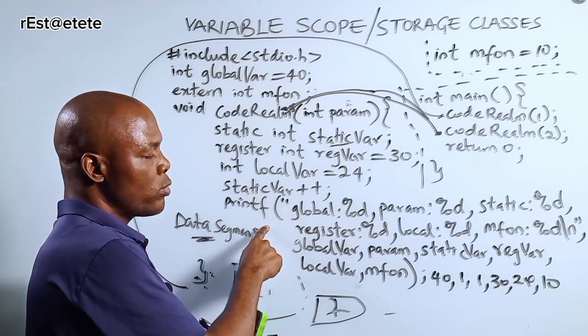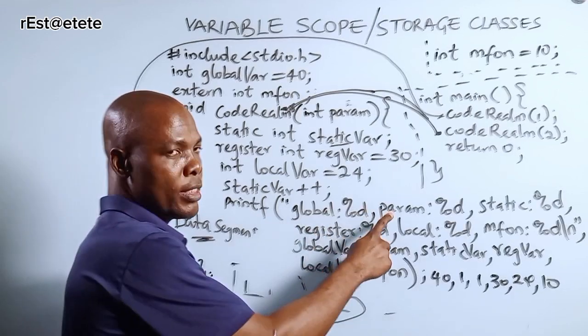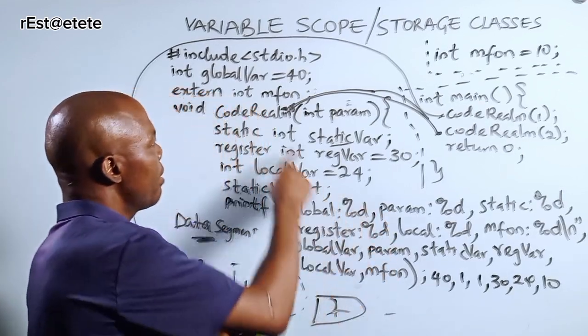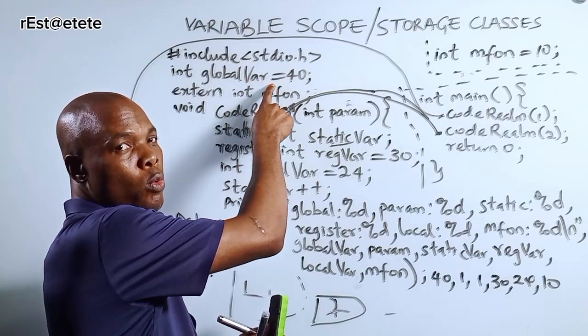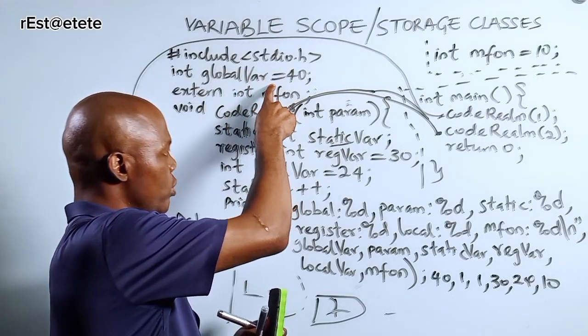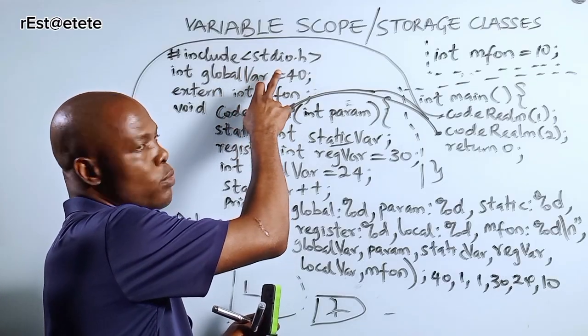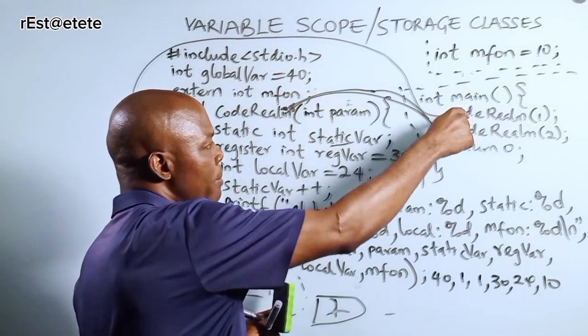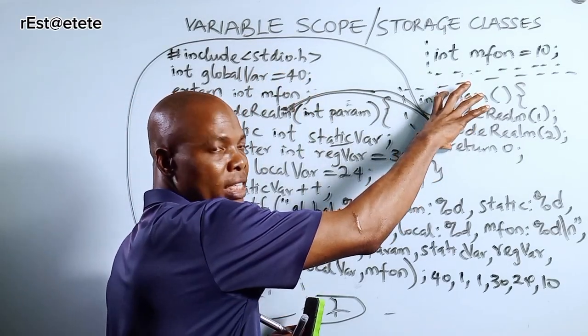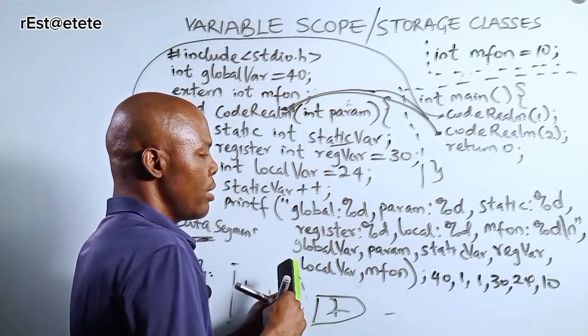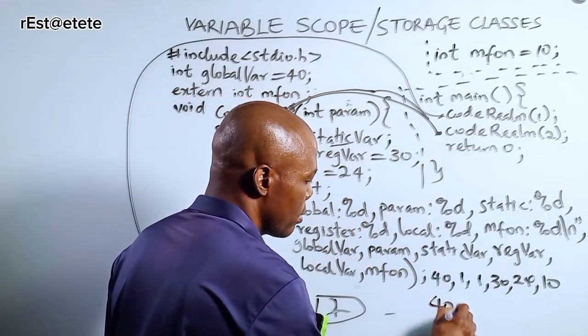Then it will come back to this printf to print it. So what is it going to print? The global variable was still alive. It was not destroyed. The moment this program started, the global variable was alive. It only returned back to this place because main is still active. So the global variable remains the same. It's going to print 40.